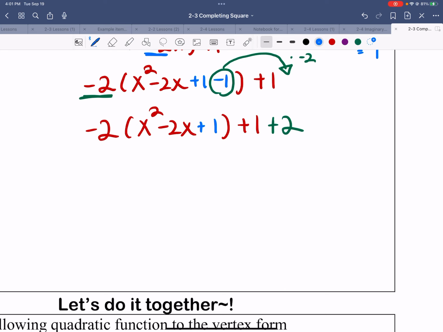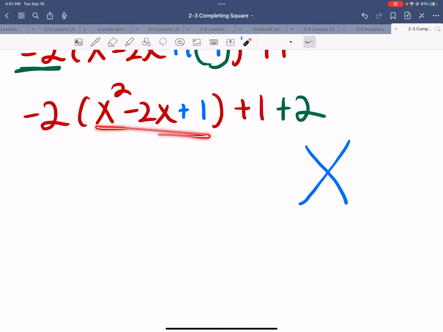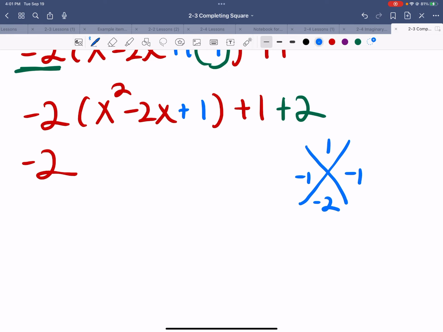All right, let's look at this. Now I can factor this one. So I'm going to put +1 on the top, -2 on the bottom. What can give you this number? -1 times -1 will give you +1. -1 minus 1 will give you -2. So this is going to be -2 with x minus 1, x minus 1.